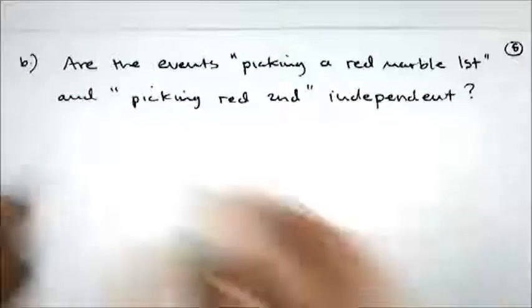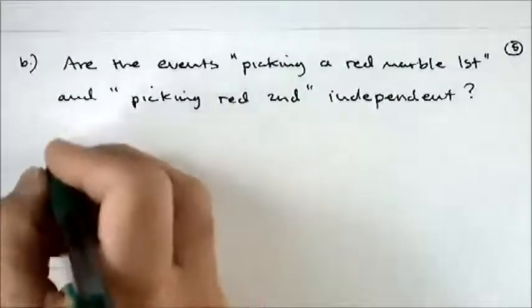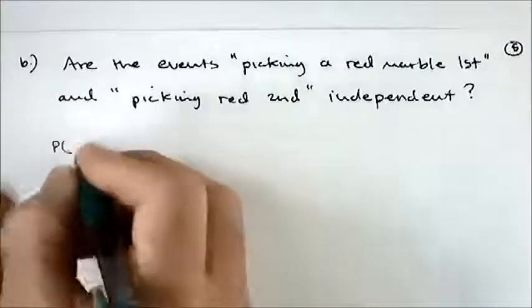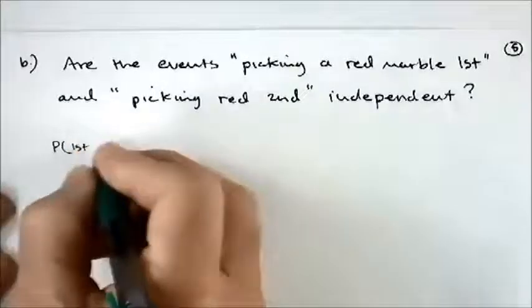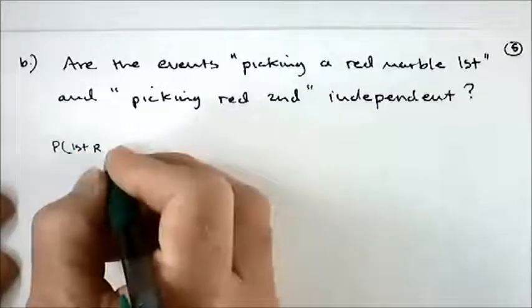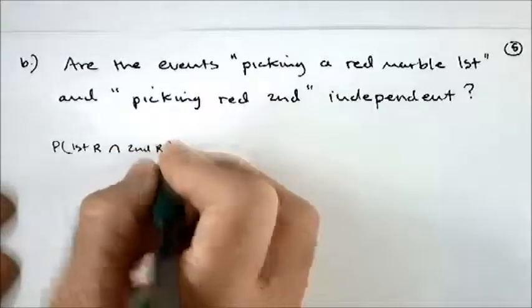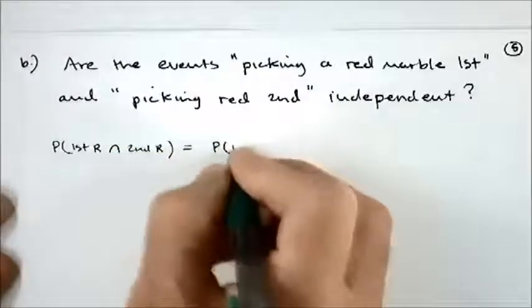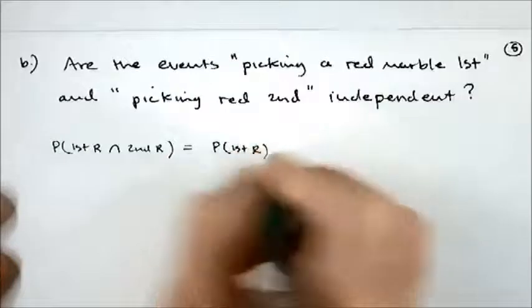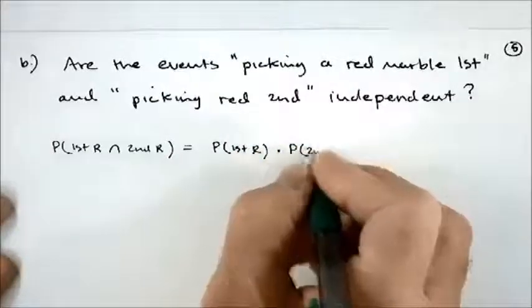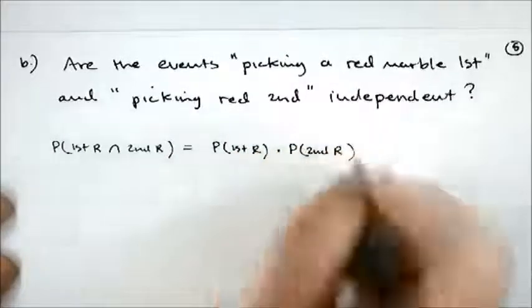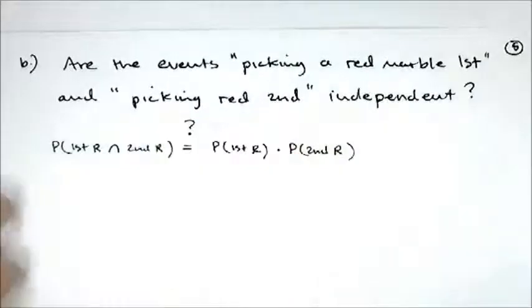How we can show that is to show, we want to see if the probability of picking my first marble red and my second one red equals the probability of my first one being red times my probability of my second one being red?